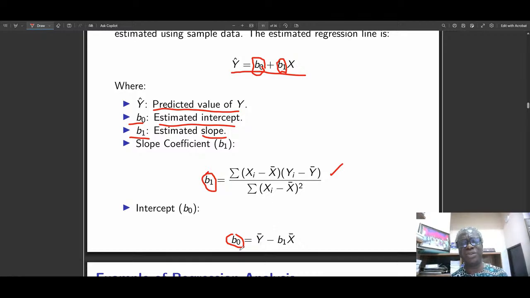You only need to get the mean for the dependent variable and subtract from it the product of the estimated slope and the mean of the independent variable. That gives you the b naught.